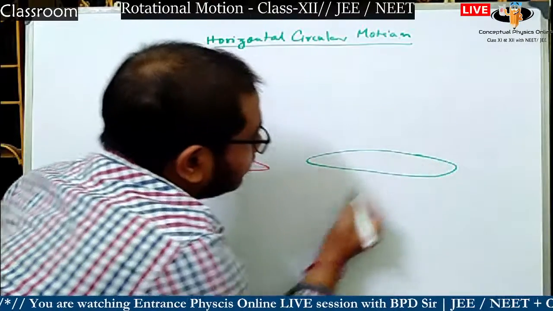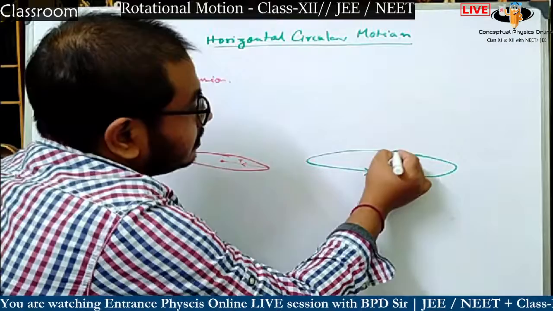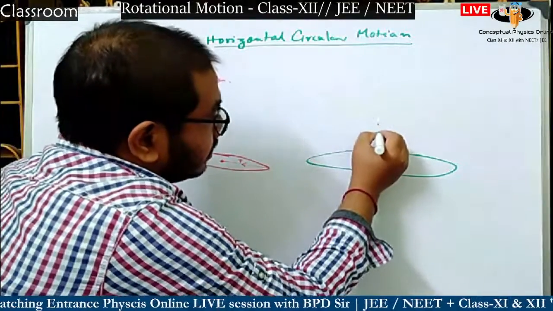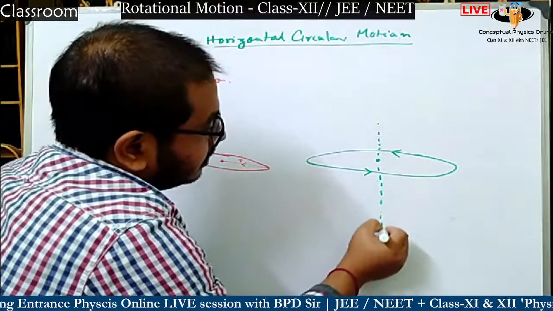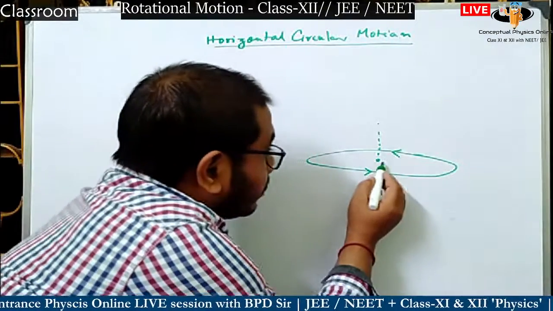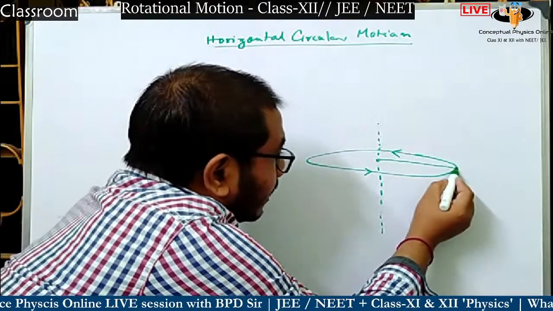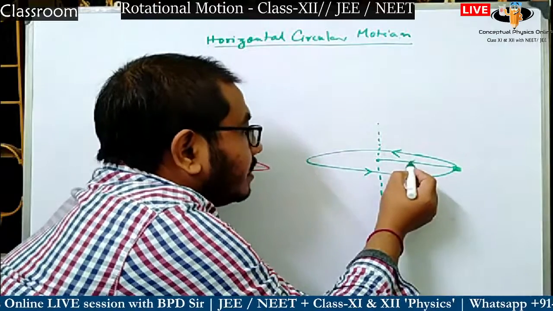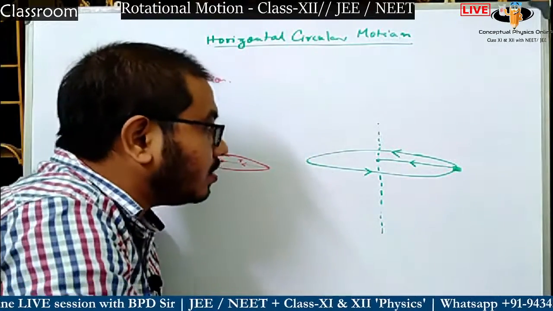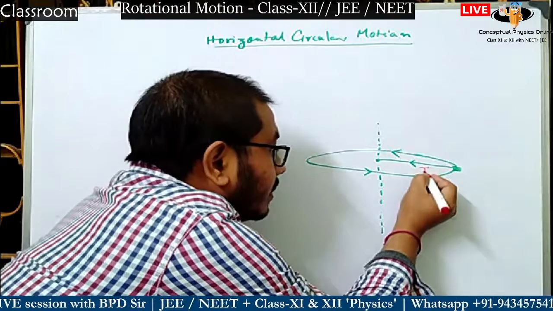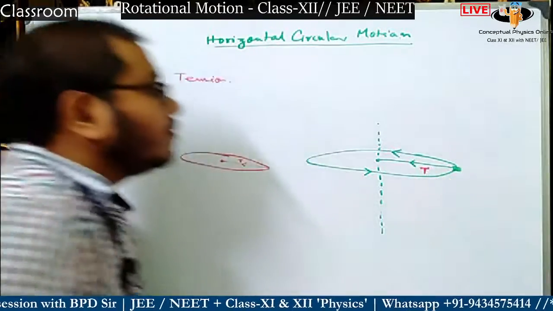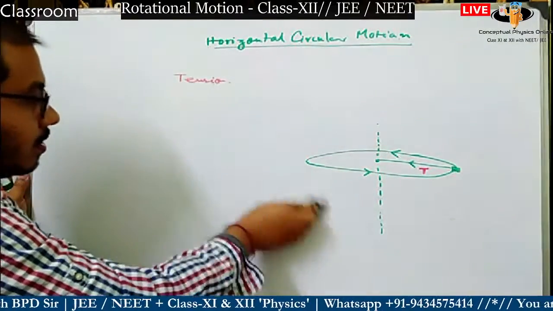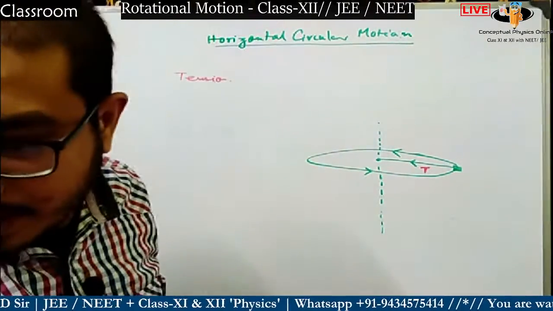It is going round about this, and this is the axis of rotation. The thread is tied in this manner and the object is here. So the tension is working here, associated with this rotational motion.